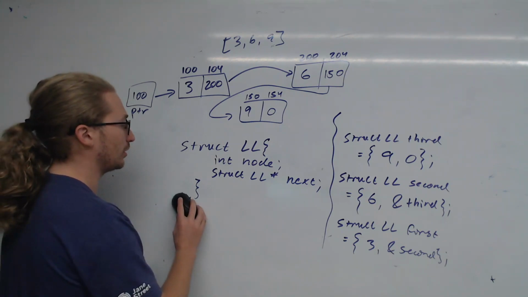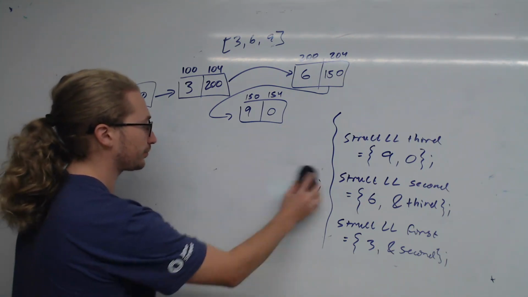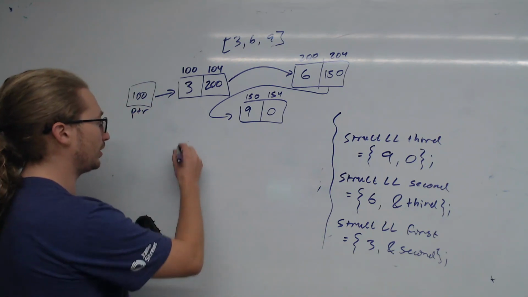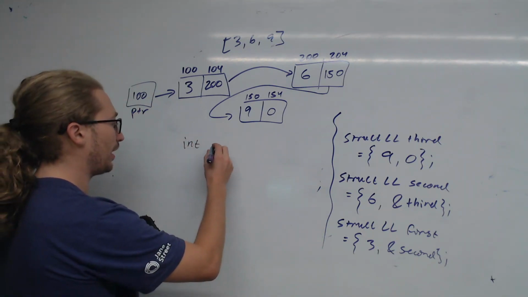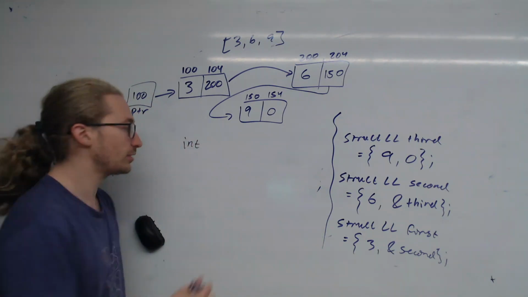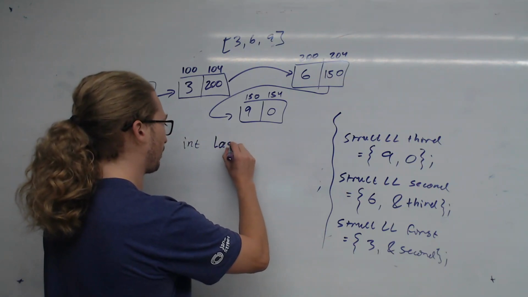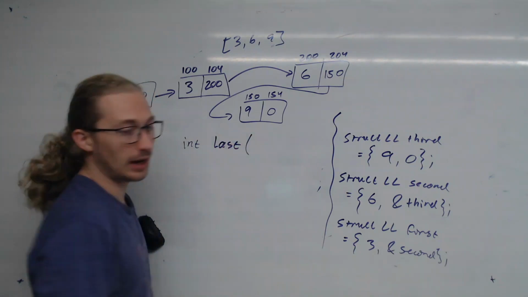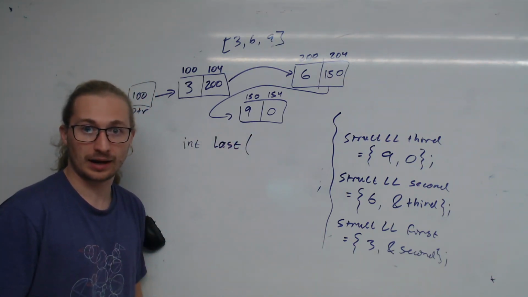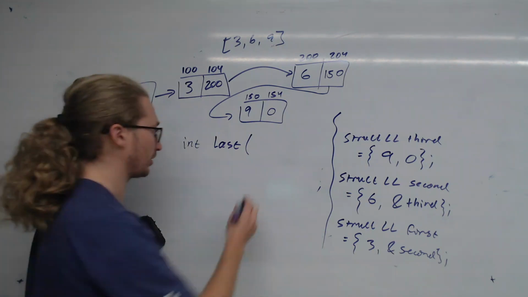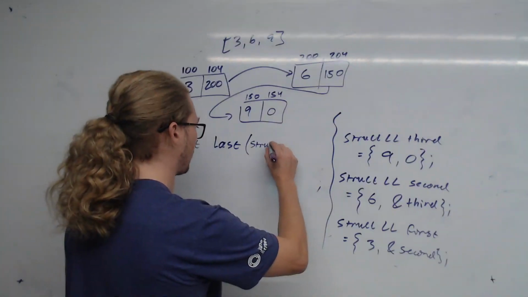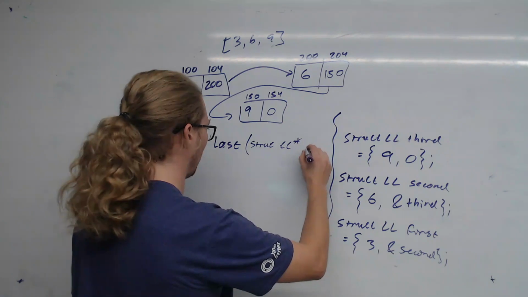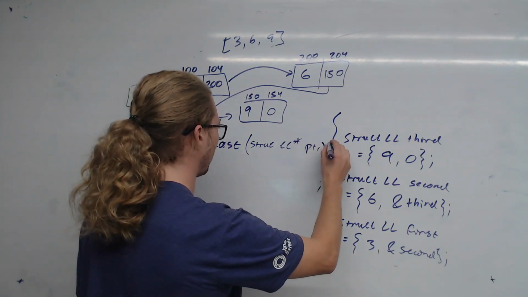Let's see what the solution is going to look like. It's going to return int, and I guess we'll call it last. It takes a pointer to a linked list structure, so it takes a struct LL pointer. I'll call it PTR for pointer.